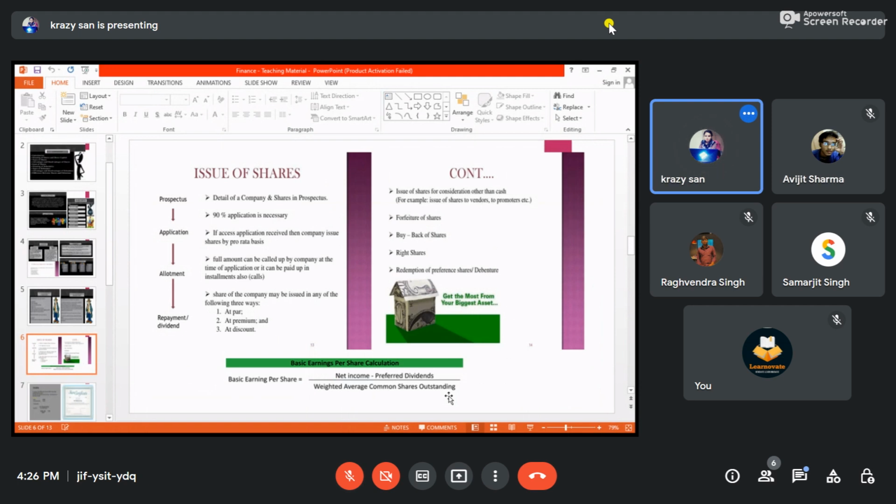And then comes the repayment of dividends, including issue of shares for consideration other than cash, such as issue of shares to vendors or to promoters, features of shares, buying back of shares, rights shares, redemption of preference shares, and debentures. So the process has four steps: prospectus, application, allotment, and repayment and dividend.